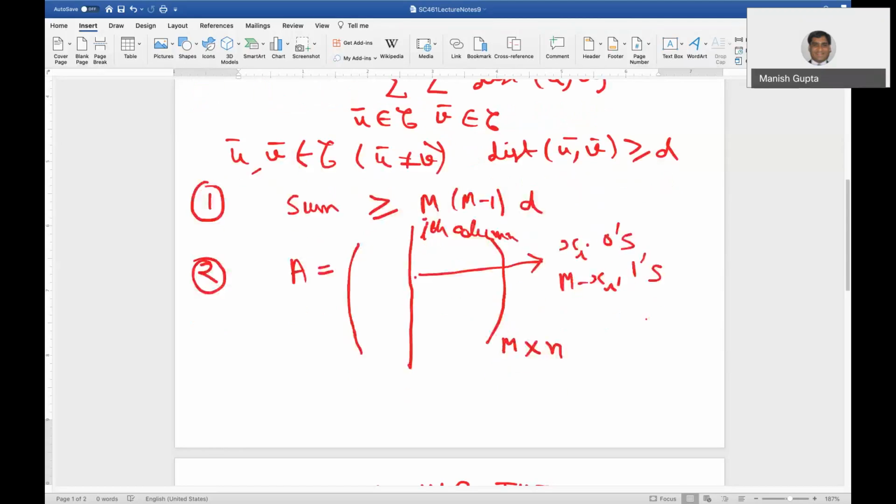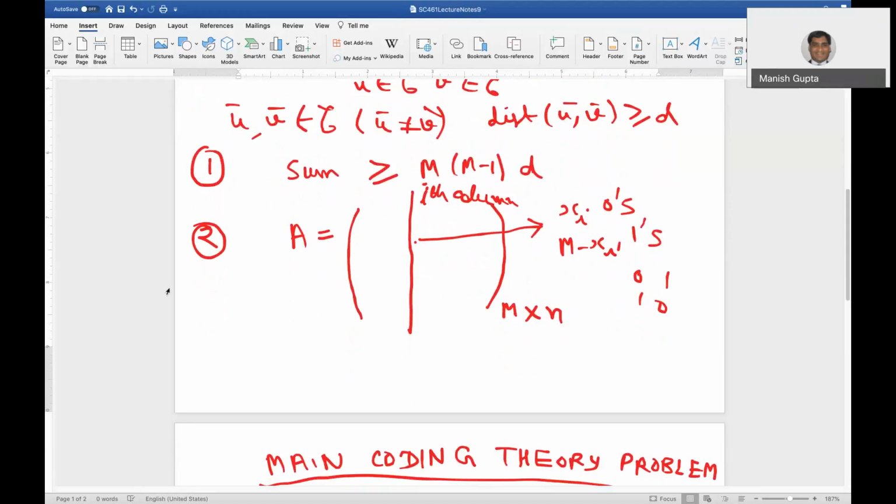So now this 0 1 and 1 0 occurs in pairs, actually, we know that. So the ith column will contribute 2 times xi into M minus xi to this sum.